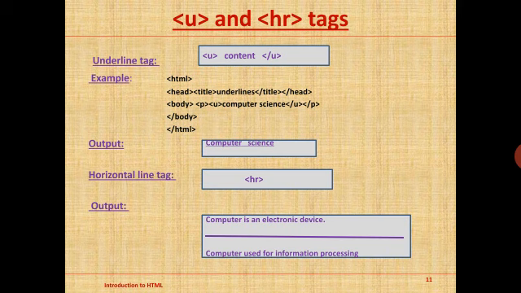The HR tag is an empty tag and it does not require an end tag. For example, we have written 2 paragraphs and we can divide them with an HR tag as shown in the output.